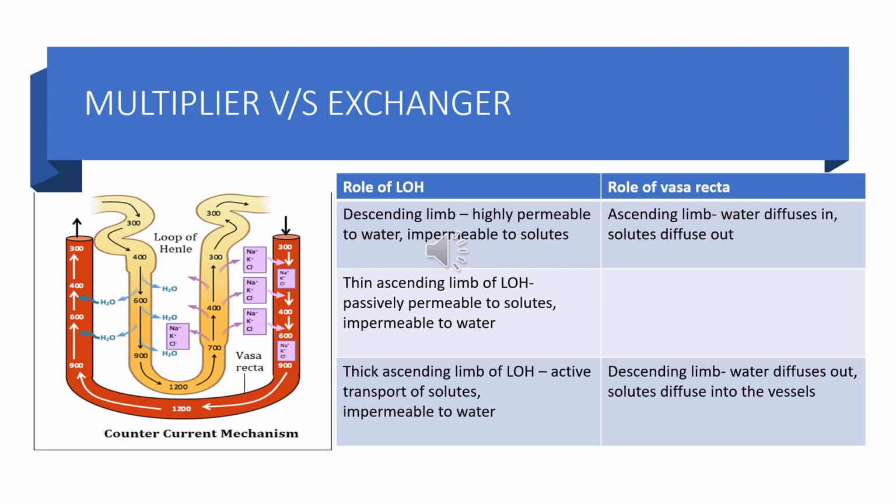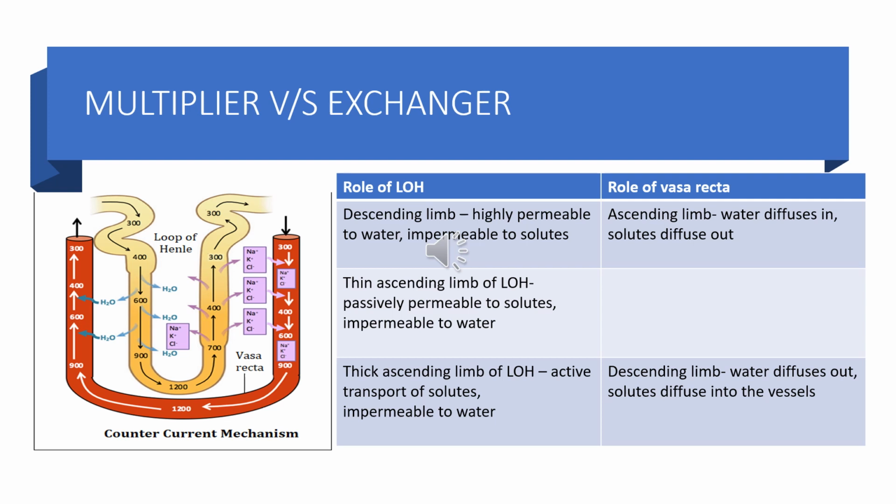Apart from this, there is regular addition of more and more solutes into the descending limb of loop of Henle by constant glomerular filtration. We know that glomerular filtration is a constantly ongoing process, and more solutes will be added into the descending limb as the tubular filtrate reaches the descending limb.